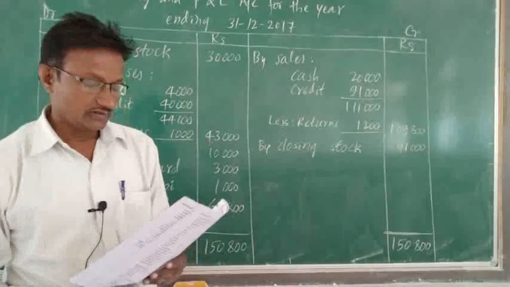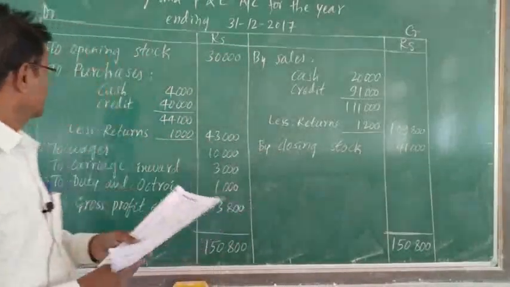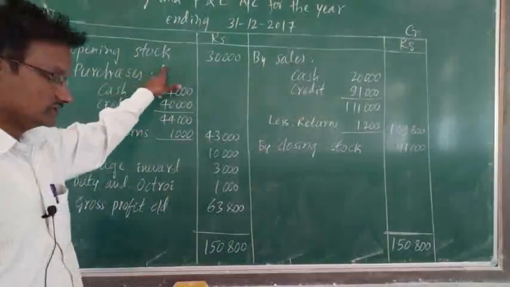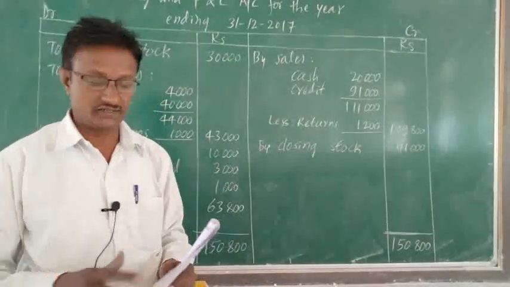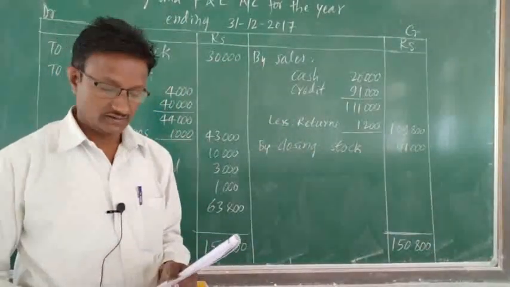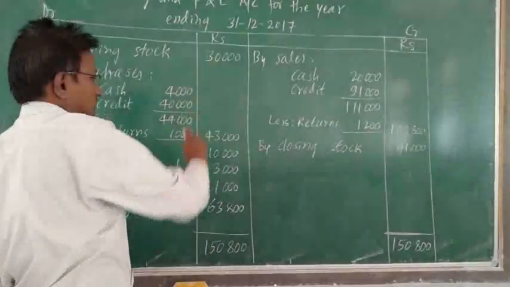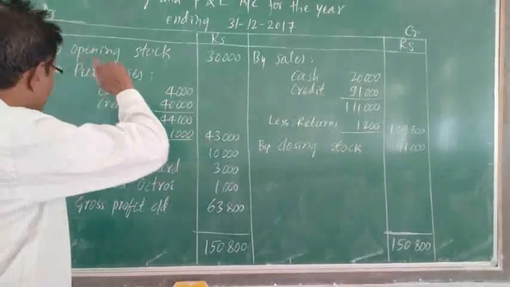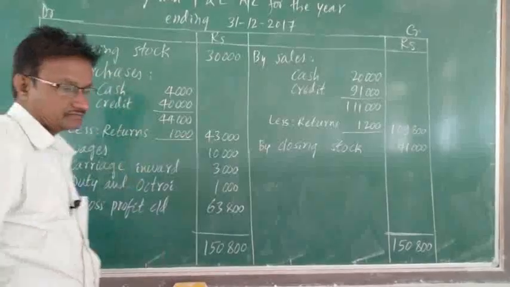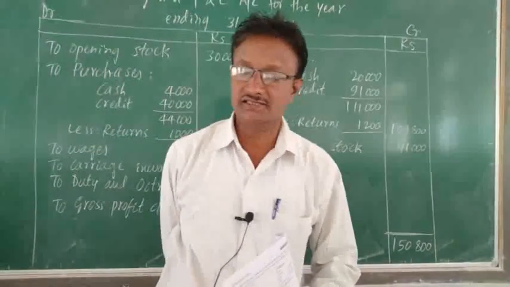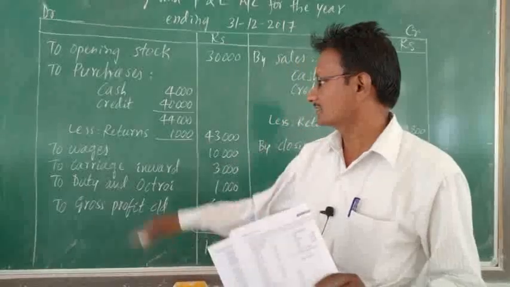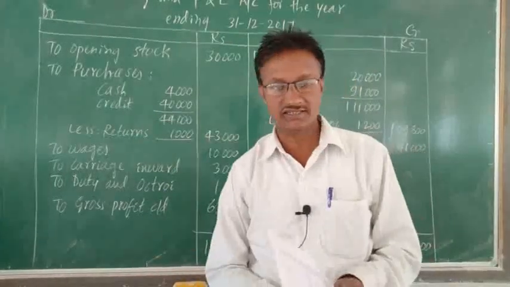So first take the opening stock. To opening stock, which is given in the opening statement of affairs, that is 30,000. Next, to purchases. Cash purchase is available in the cash book and credit purchase is available in the creditors account.